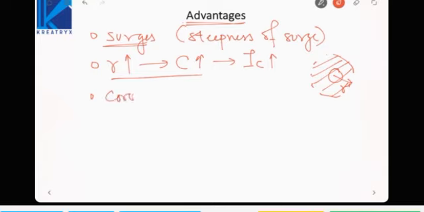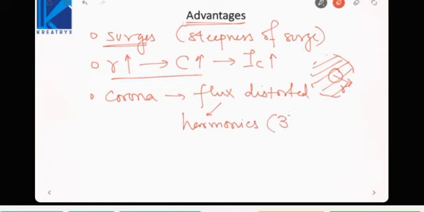Now due to corona, your flux will get distorted. If flux waveform is distorted, then it consists of harmonics. And if there are third harmonics, they will act as zero sequence and cause radio interference.